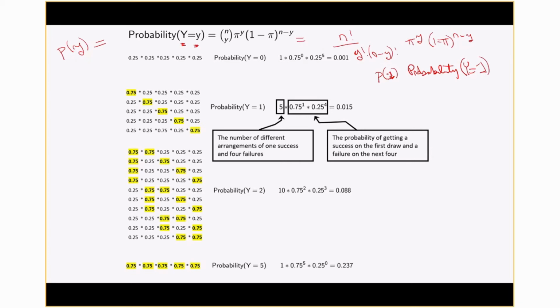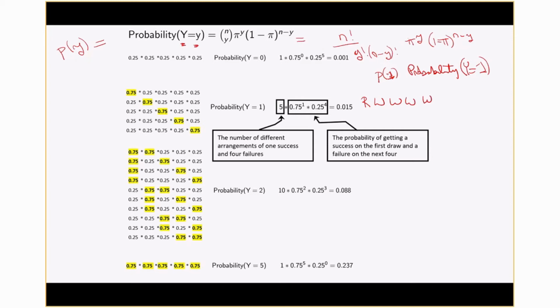So how could we get 1 red marble? Well, we could get a red marble on the first draw, followed by a white marble, another white marble, another white marble, another white marble.